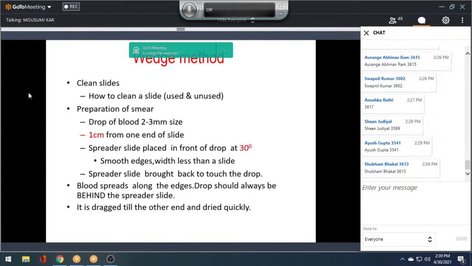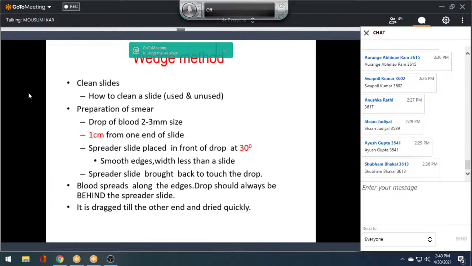To us it looks very shiny, but once you stain it, the polish will take up the stain and cause a blue background. So it is always a good idea to wash your slides with soap, detergent and water, even if it is a new slide. So you clean your slide and wipe it nicely.